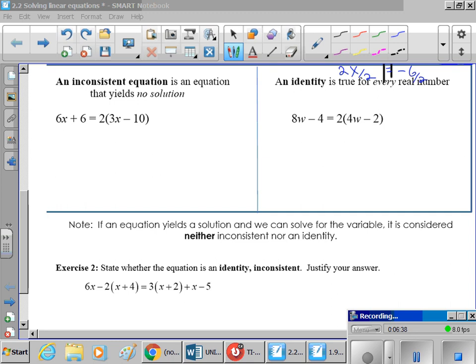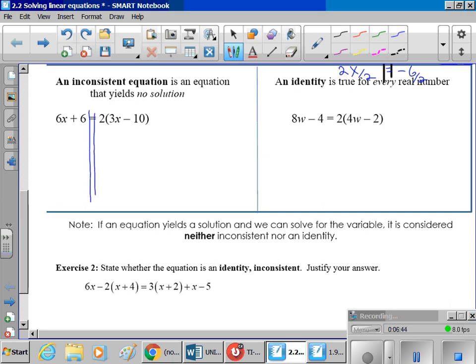All right, so on the left side is an example of an inconsistent equation. So let's just do the same thing we did before, and try to solve this. So we have 6x plus 6 is equal to 6x minus 20. The next step I would probably do is minus 6x, but I'm hoping you see that already these cancel and you get 6 equals negative 20.